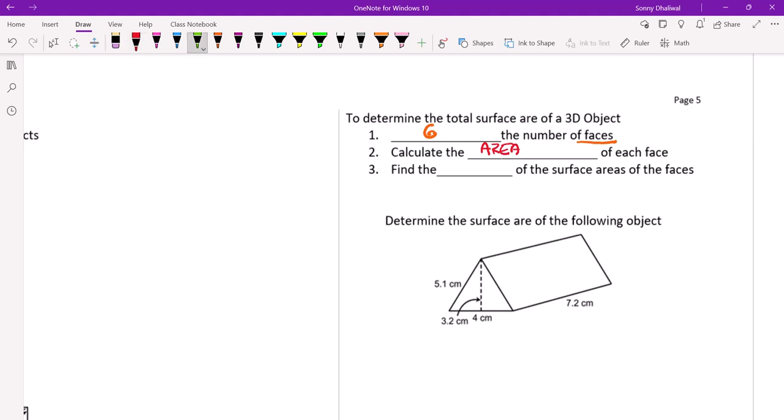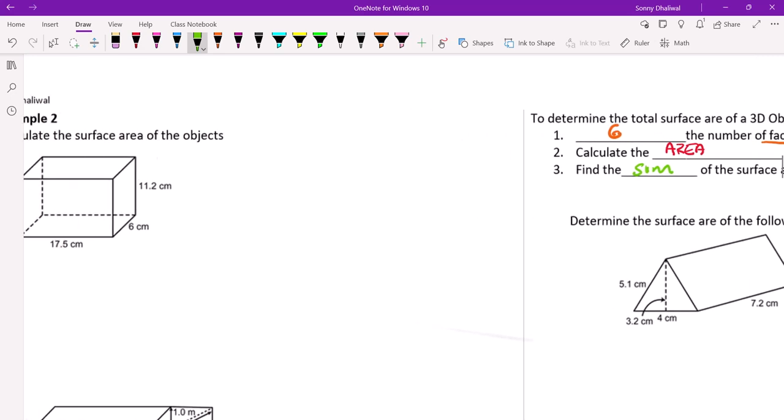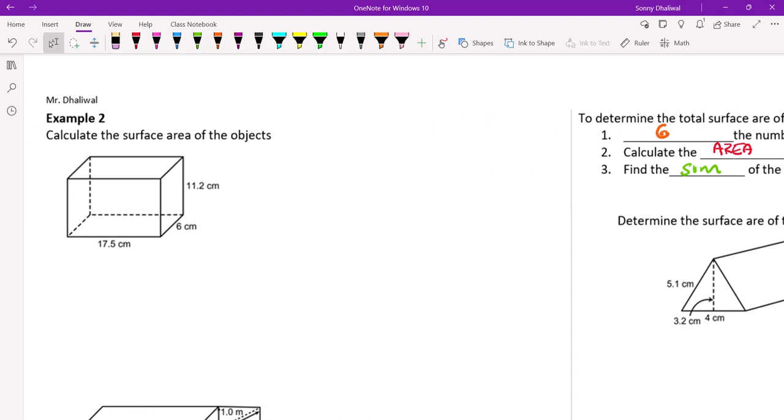And the word add means sum. Okay? So, to make life a little bit easier, you have to realize that some of these sides or faces are identical. So you don't want to repeat the calculation over and over again. You just want to multiply by how many times that same side shows up. Okay? So, multiplying it by twice.